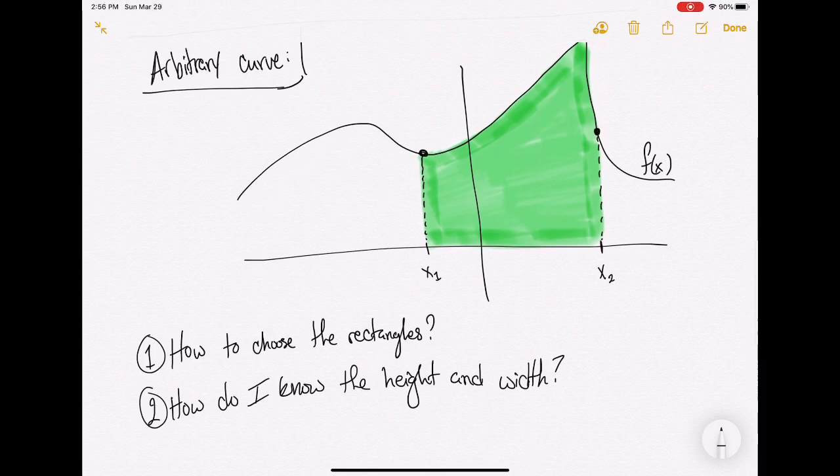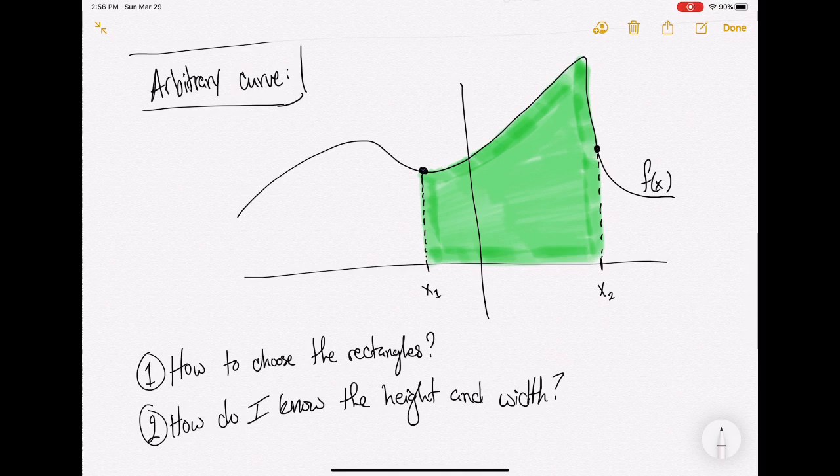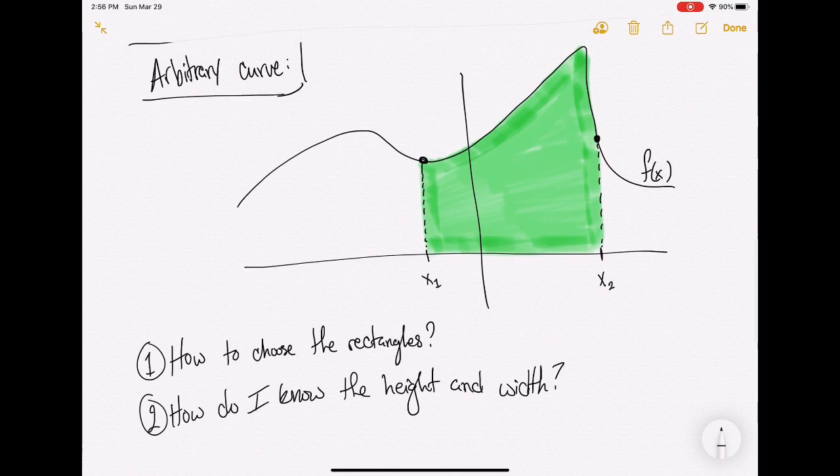So let's just say between x1 and x2, I'm going to divide it into 4 rectangles. Let's do 4 rectangles for now.